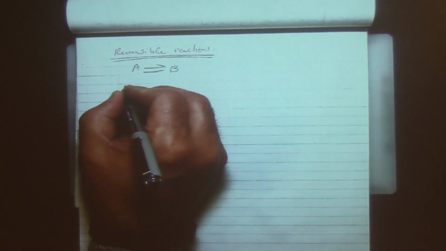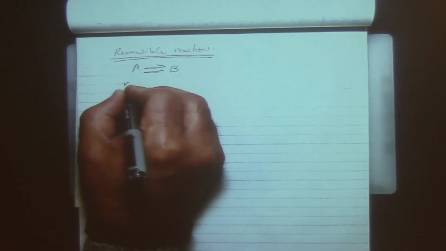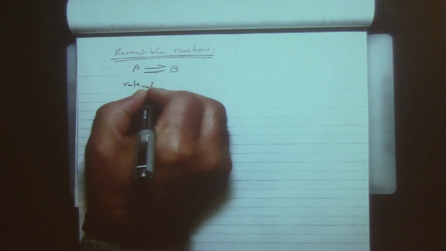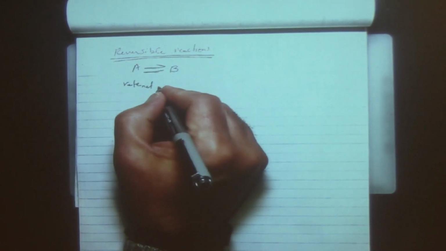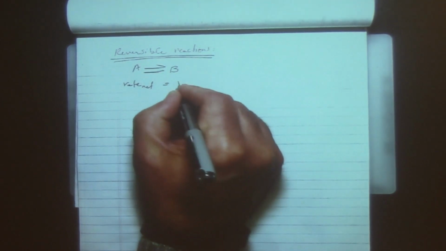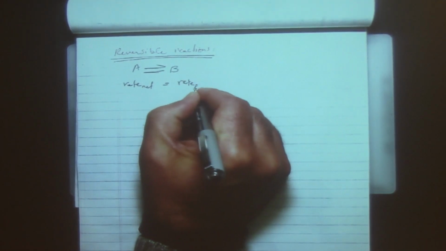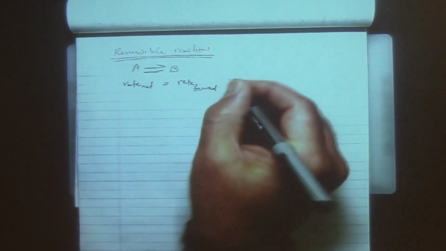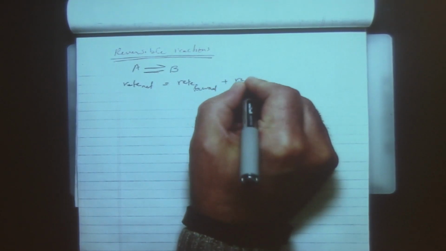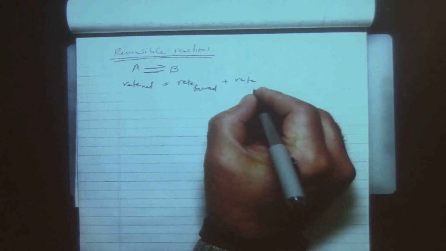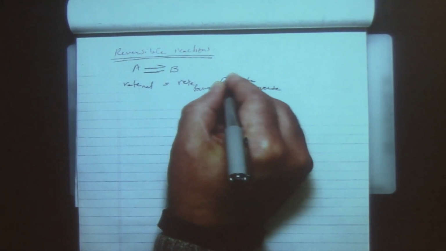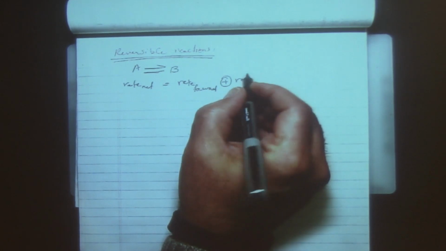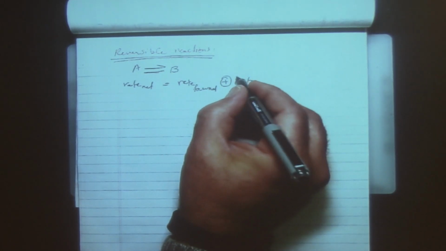So the very easy equation: the net rate, when we say rate, is the rate of the forward and backward reactions together. It would be rate forward plus rate backward, or reverse. The negative is implicit in the rate.